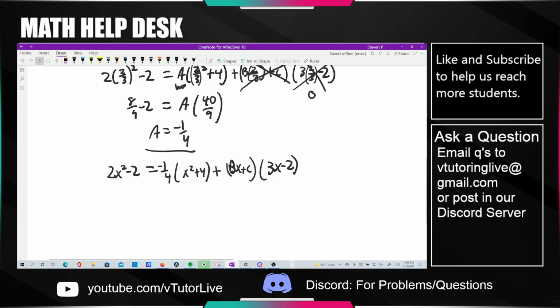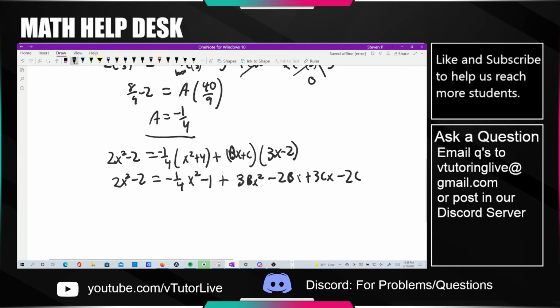So at this point, we just want to FOIL out the terms a little bit and group up coefficients of similar order of x. So this turns into minus 1/4 x squared minus 1 plus, what does this turn into? 3bx squared minus 2bx plus 3cx minus 2c.